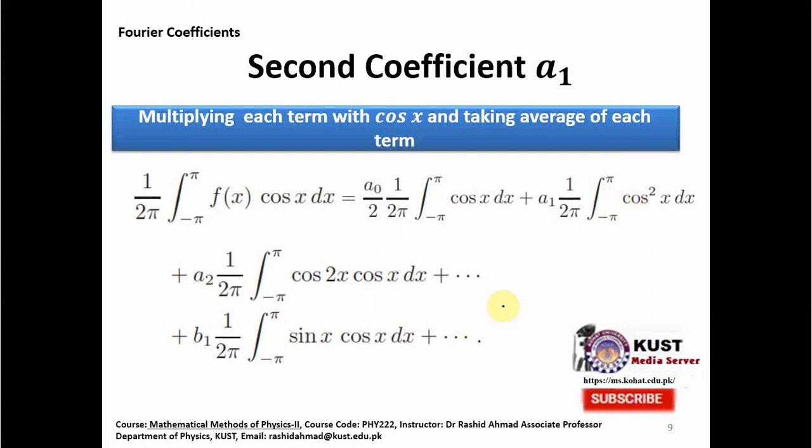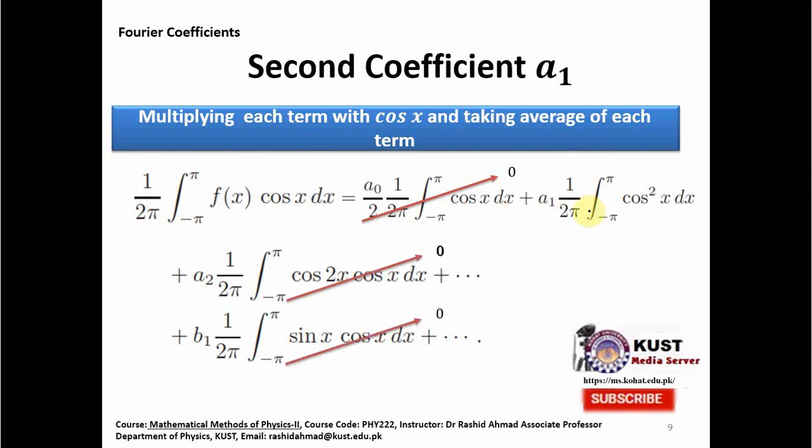And the interesting point is that now only this term will survive and all other terms will go away. So when we take the average value of this expansion term by term, only this term will survive and all others are equal to 0. So this average value is 0, this average value is 0, and this average value is 0.